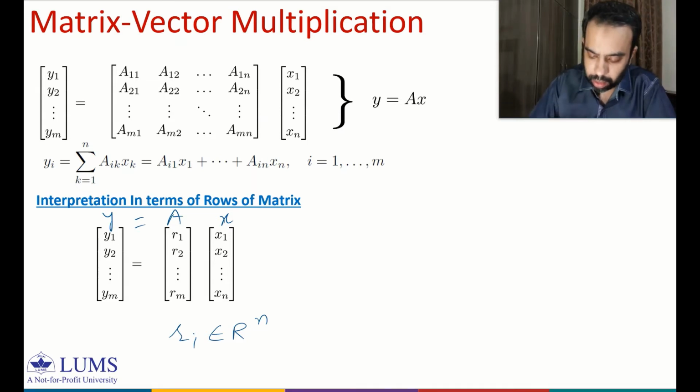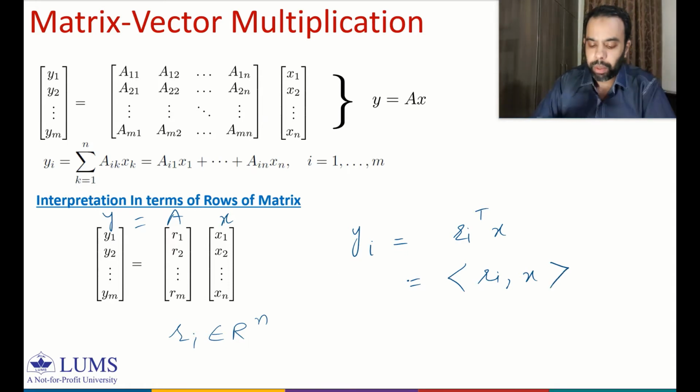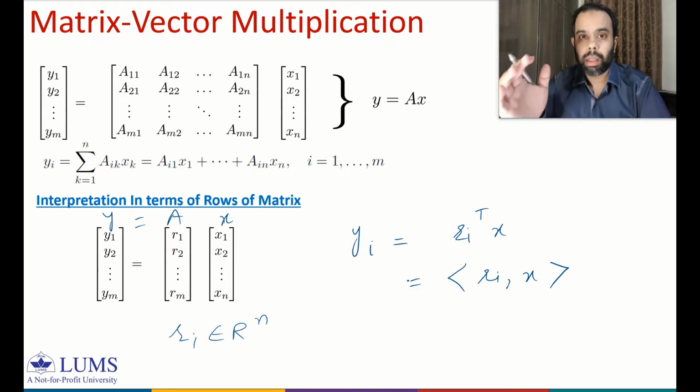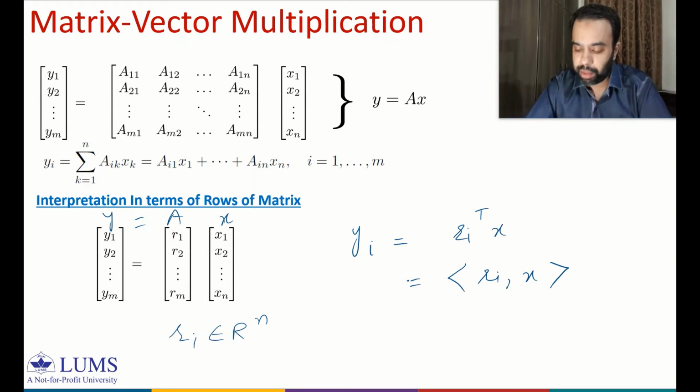And you can see here that yi is simply given by Ri transpose x, or inner product of Ri with x. Or we can say the ith entry of the product is simply the inner product between the ith row of the matrix and the vector, or the ith entry of the product is the projection of the vector on the ith row of the matrix A.